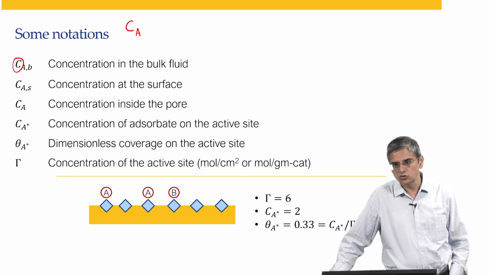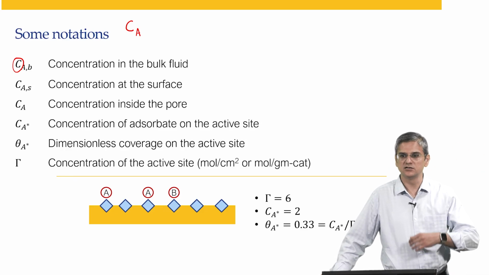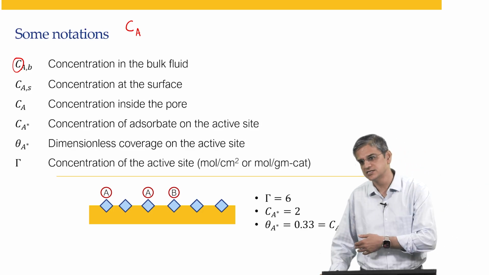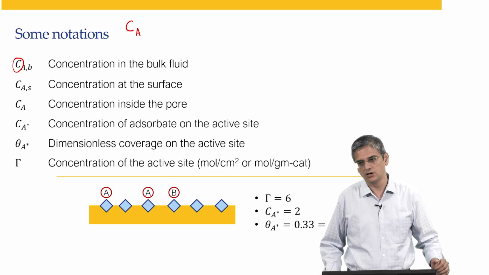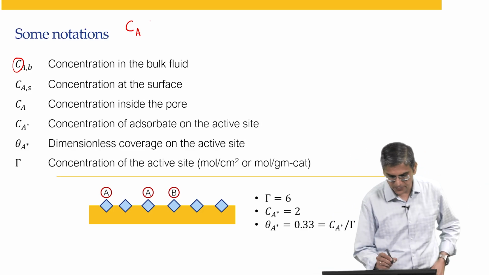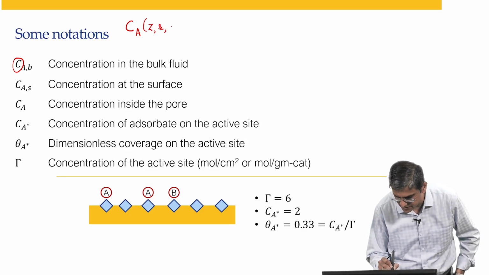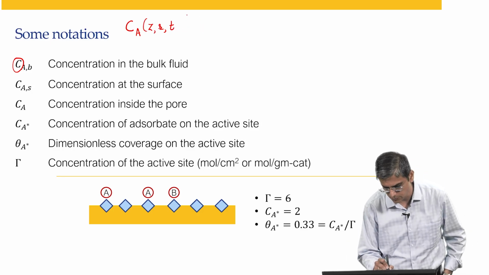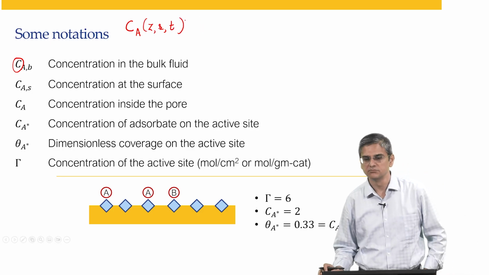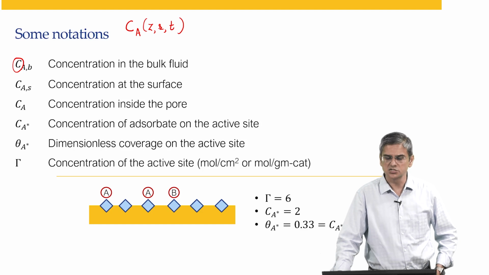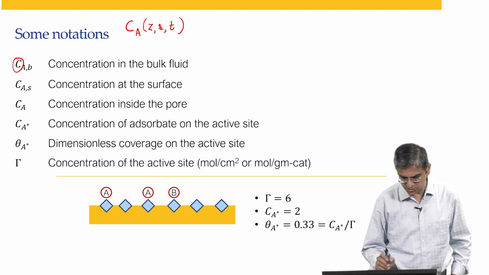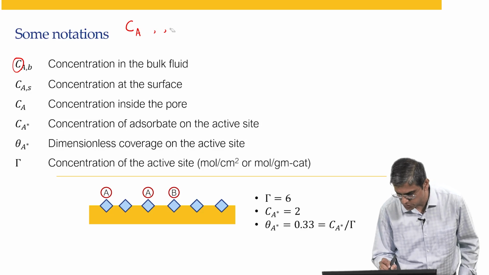This could be within the reactor, at the inlet of the reactor, at the exit of the reactor, and so on. So, this would be a property that will vary with Z, R, T and whatever else it might be. Okay, let us say Z, R, T. So, this is a concentration that would vary with this.